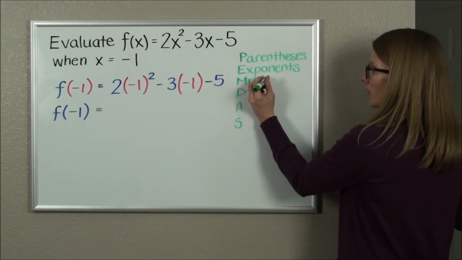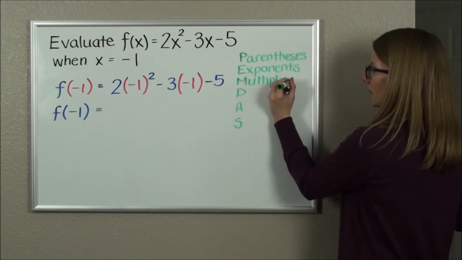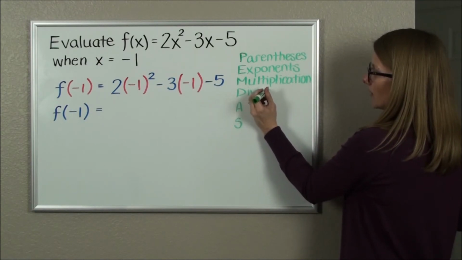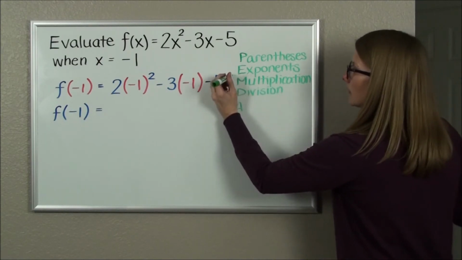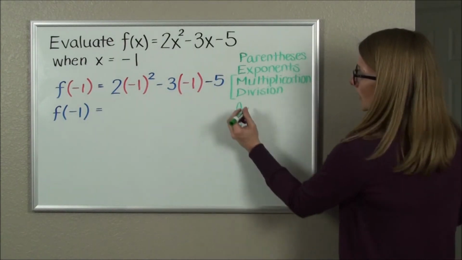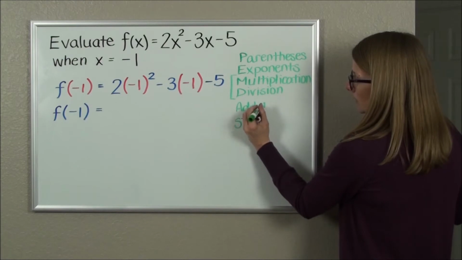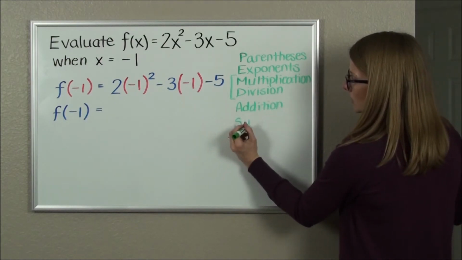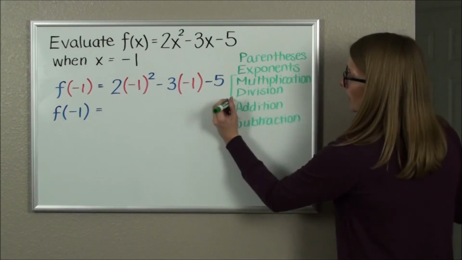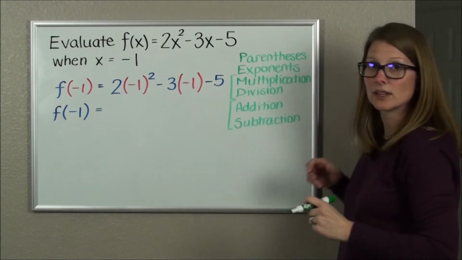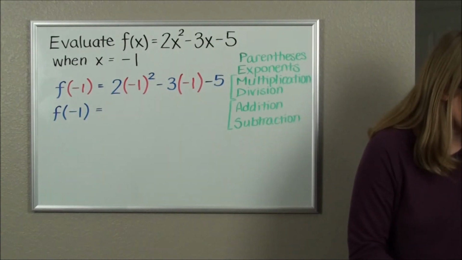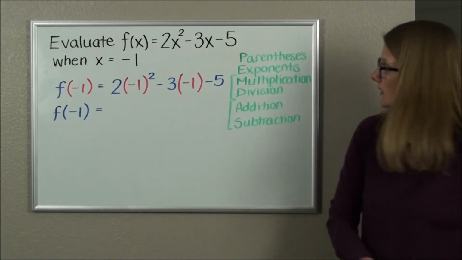We also have multiplication and division, and technically these are on the same playing field, and we handle whichever one comes first, left to right. And then A is for addition, and S is for subtraction. And these are also on the same playing field, whoever comes first, left to right. So let's keep these orders of operations in mind as we go through cleaning this up.